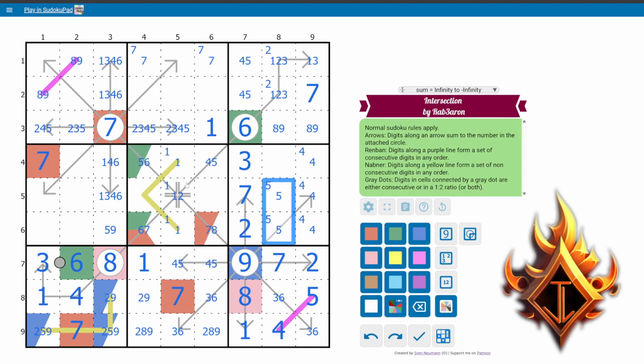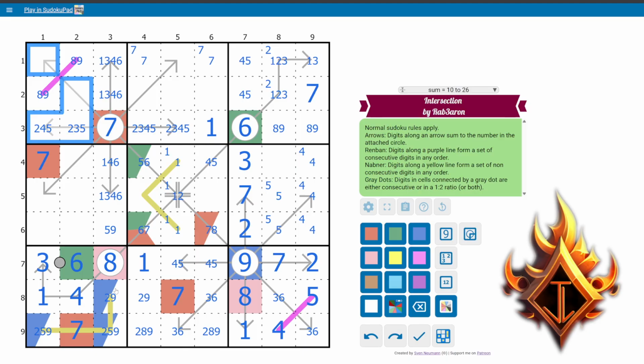So 5 is down here as well. But I know 5-2 will be on one of those. Can these still be 5-2?